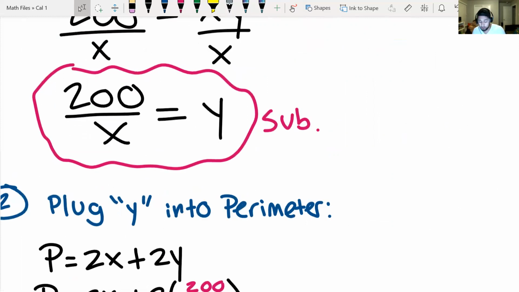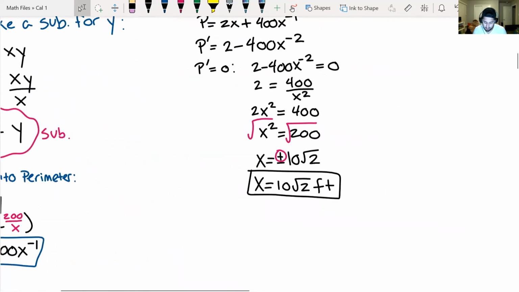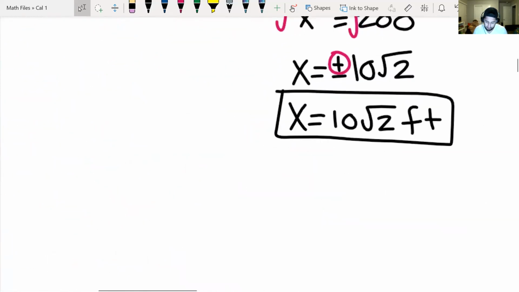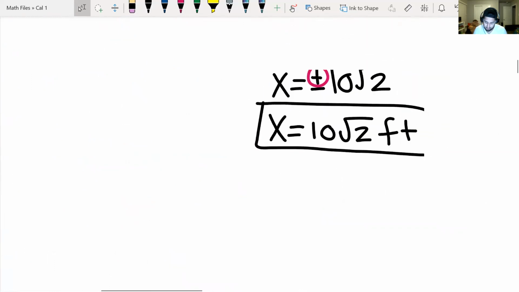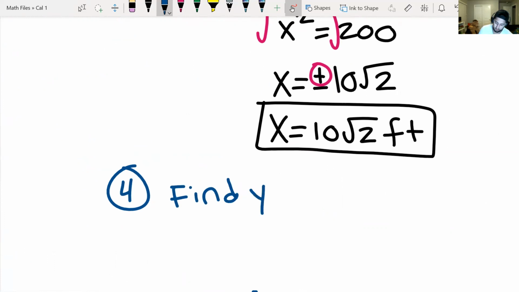So all we have to do is plug in the x value we found, and we find y. So I'll make this step 4. Find y.